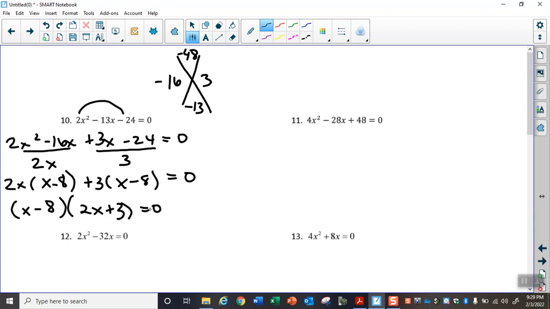All right, now since you're solving these, you have to set each of these equal to 0. So I'm going to say x minus 8 equals 0, or 2x plus 3 equals 0.